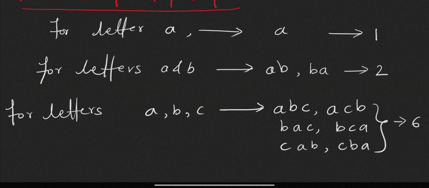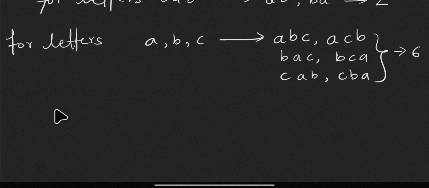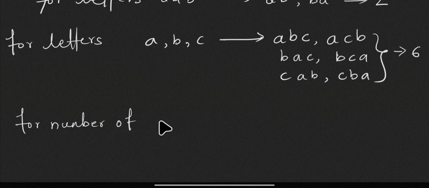In a similar way, if I have 0 letters, in how many ways can we arrange this? We can arrange it in only one way. So we can arrange 0 letters in one way.